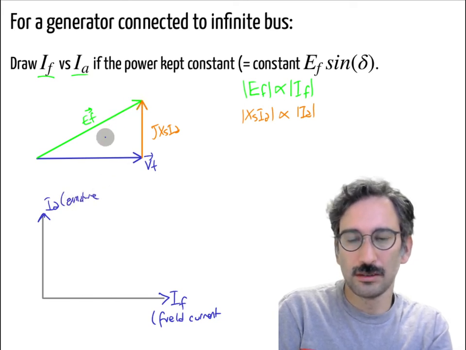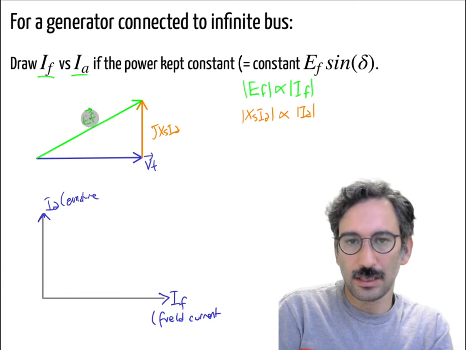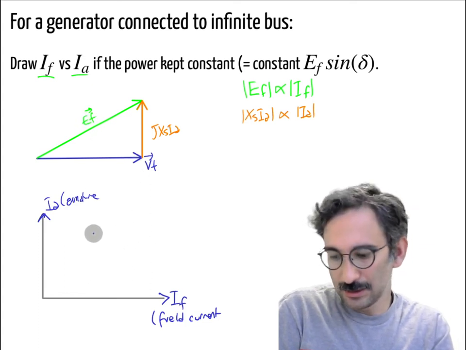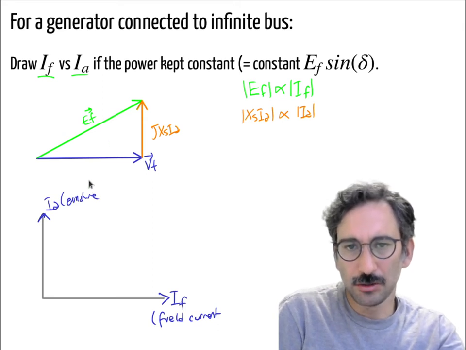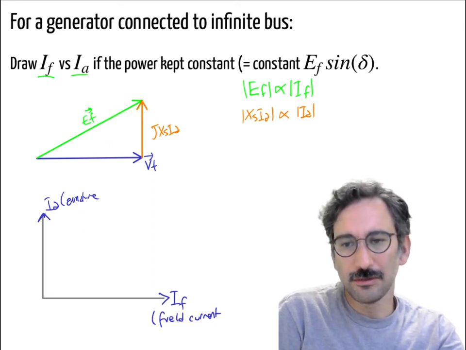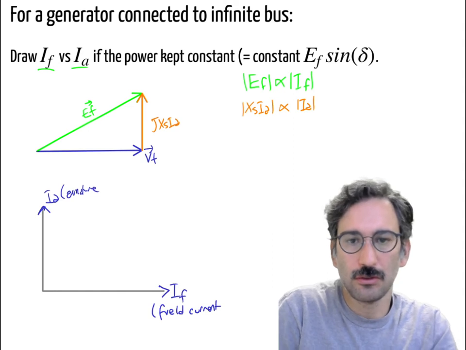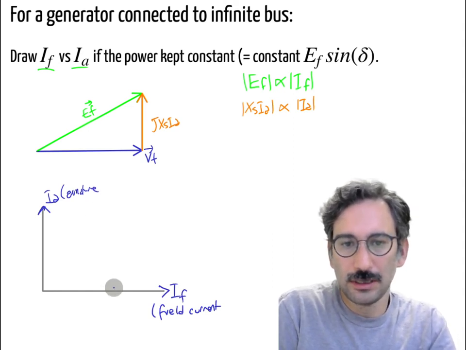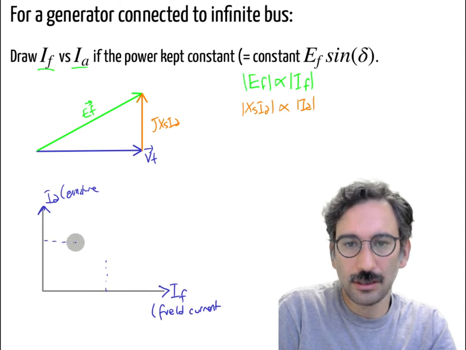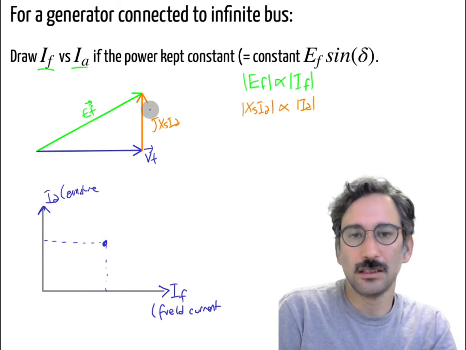Here I am getting some magnitude of EF for that value. Let's say I'm operating at some value here and some current here. So that is our initial point.